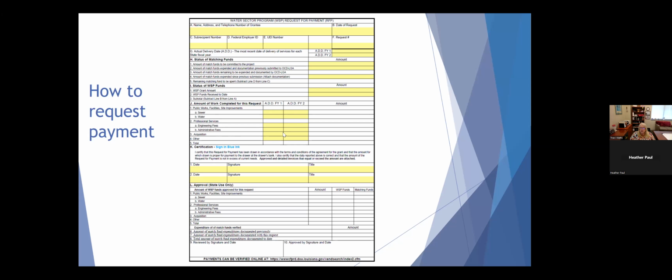It's important to note that if you have those line items in your CEA, then that means you have funds set aside for those activities. If you only have sewer or water, or you only have construction and contingencies available, then that means you do not have water sector funds available for professional services. So you would not be requesting funds for those costs here.